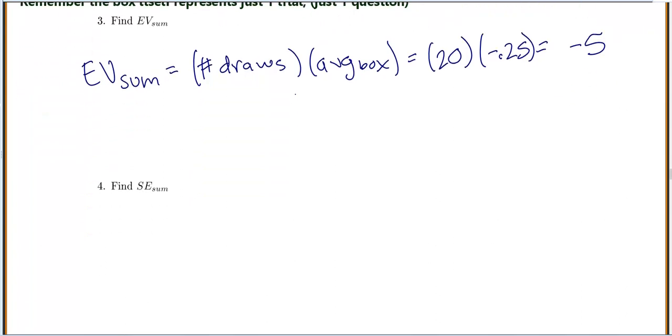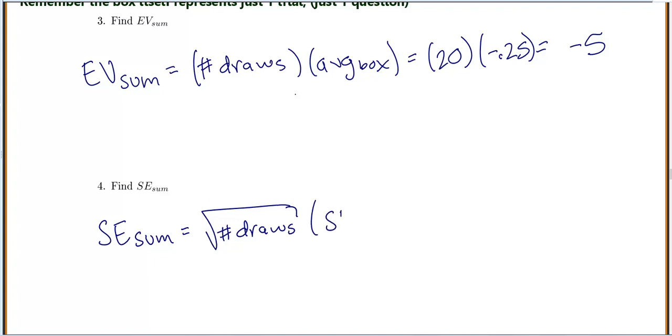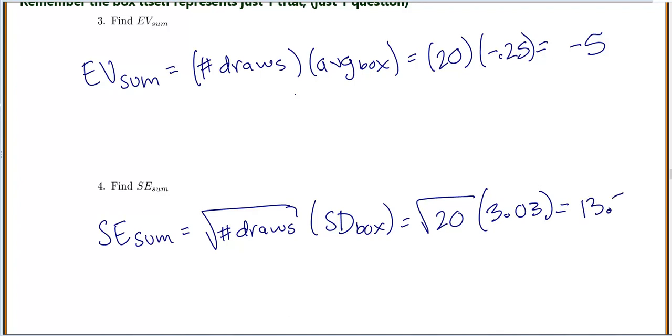And the standard error of the sum is equal to the square root of the number of draws times the standard deviation of the box. So square root of 20 times the standard deviation of the box, which we just calculated to be 3.03. So this gives me 13.5.